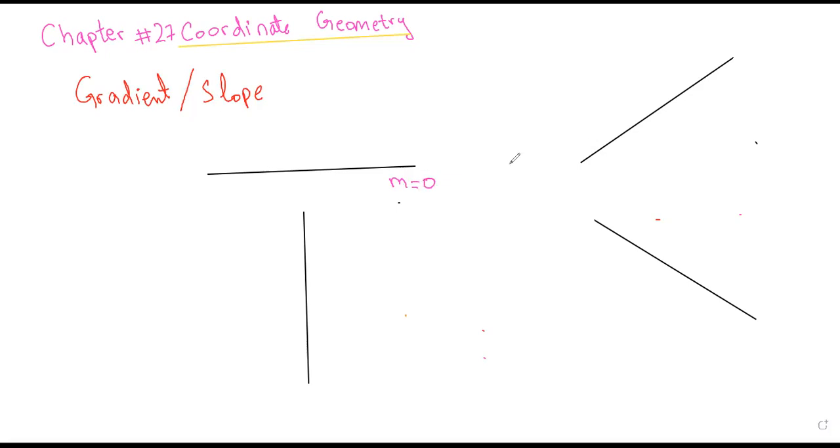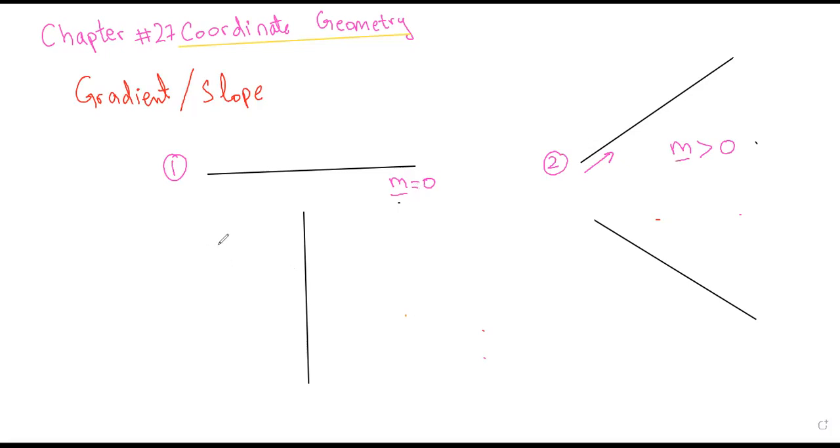Then if I talk about the second case, this is the first case, this is the second one. This line is going upwards. Its slope is increasing, okay? So this is going to have a slope that is positive. It is greater than 0, okay? The slope would be greater than 0. And m is just a notation for writing down the slope, right?